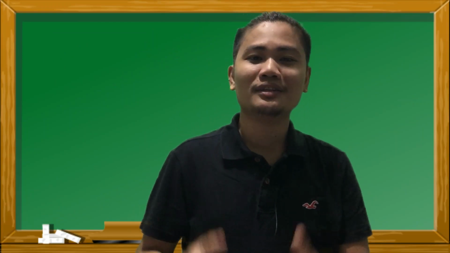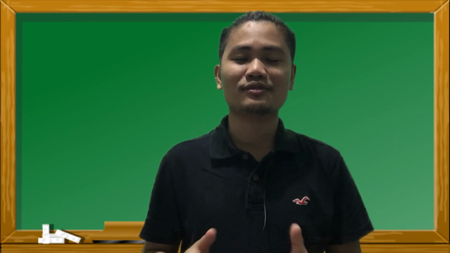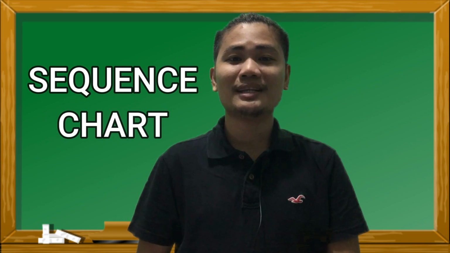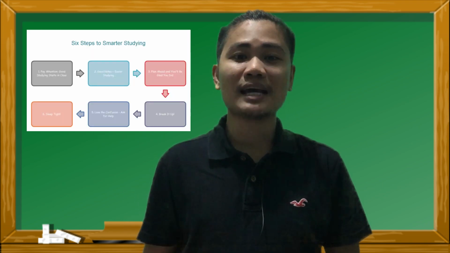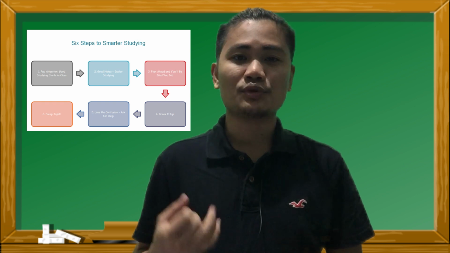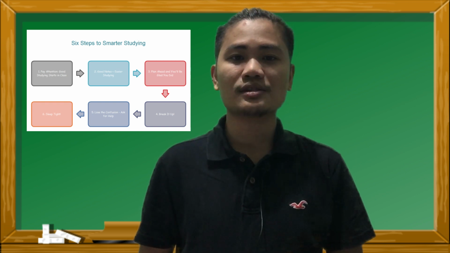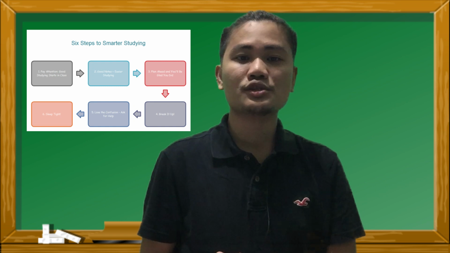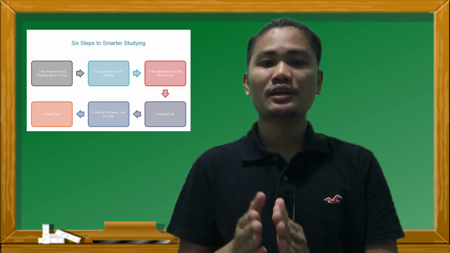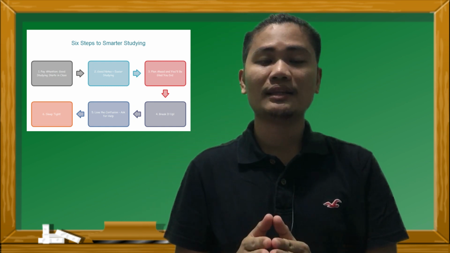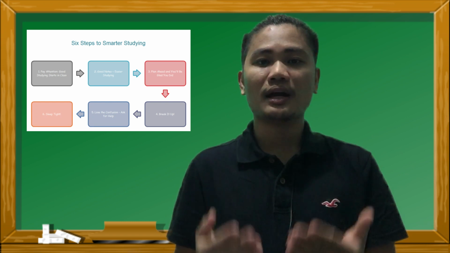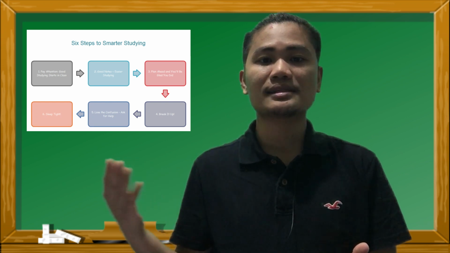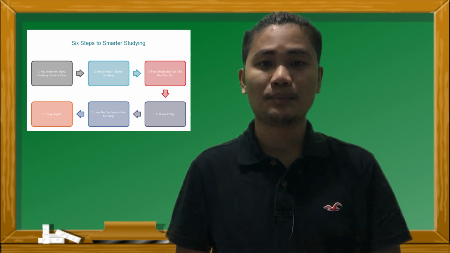And we are now on the last graphic organizer for today, the sequence chart. Based on the word sequence, it presents the steps or procedures of events in order. Of course, when we draw a sequence chart, we do not forget the arrows, because the arrows serve as our guide that the next things will be the next steps.